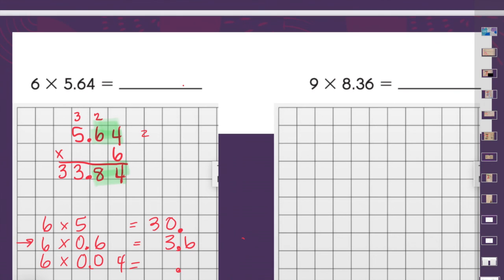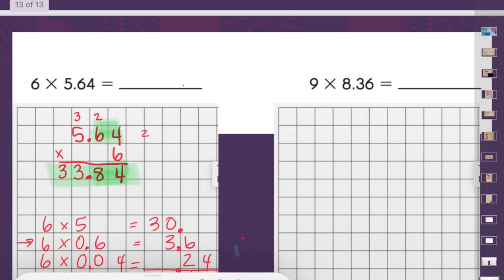And then 6 groups of 4/100ths gives us 24/100ths. And if we add these together, we're going to get the same product as we would if we just lined it up to multiply. So it's just another option in multiplying decimals.